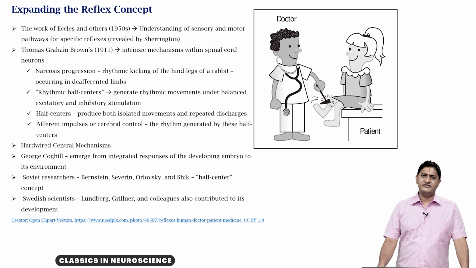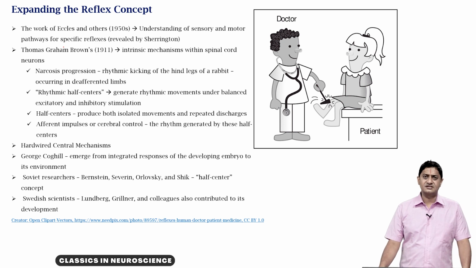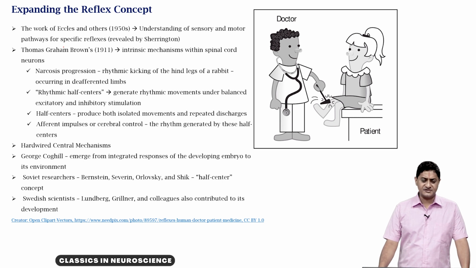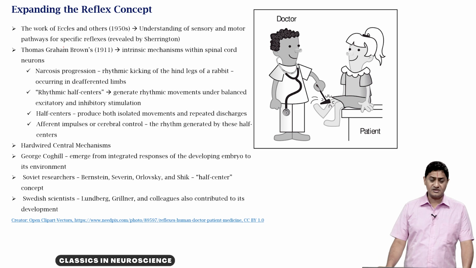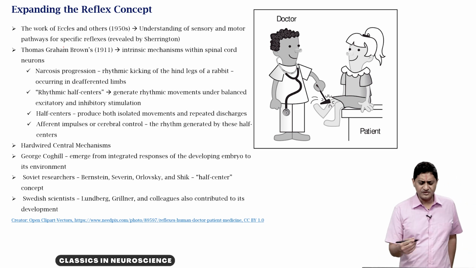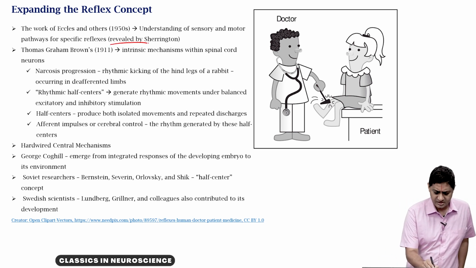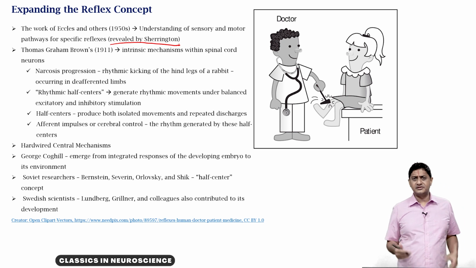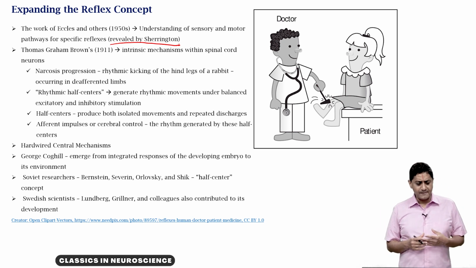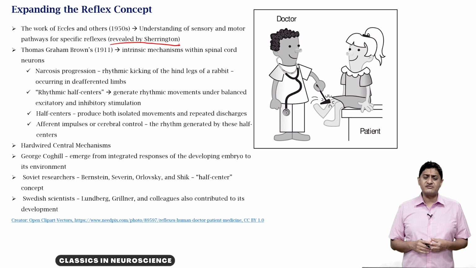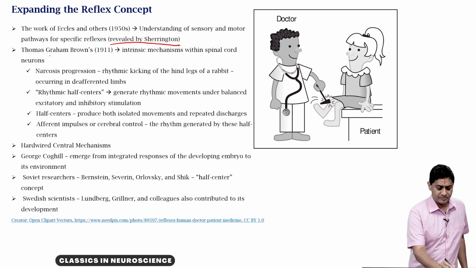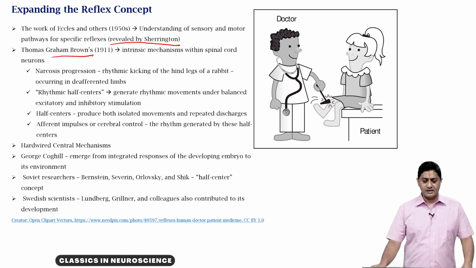So, in the 1950s, as we have seen previously, there was a grand work by Eccles and a lot of colleagues to improve our understanding of sensory and motor pathways for specific reflexes. This was first started, of course, by Sherrington, who went on to win the Nobel Prize for this work. Also, one of Sherrington's early students was Graham Brown.